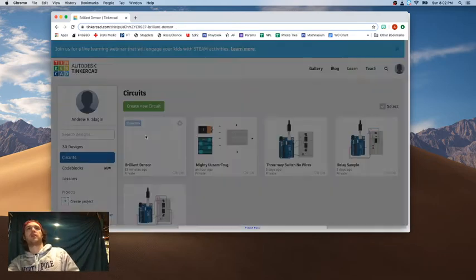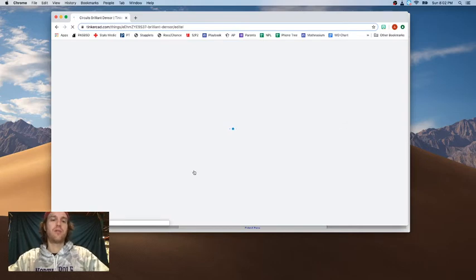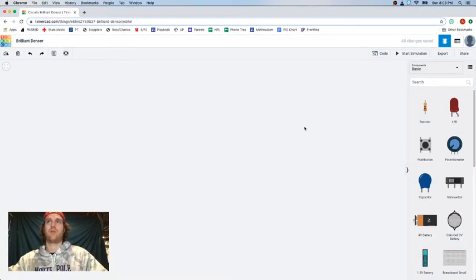This is a blank circuit that I've already created, so I'm just going to press tinker this. We're going to go in. They have these weird funny names. They're just automatically randomly generated. You don't need to change the name if you don't want to. But yeah, let's go ahead and get started. Over here you have all these components, and you can sort them, and it can get very complicated. The amount that you can do in this program is fantastic.